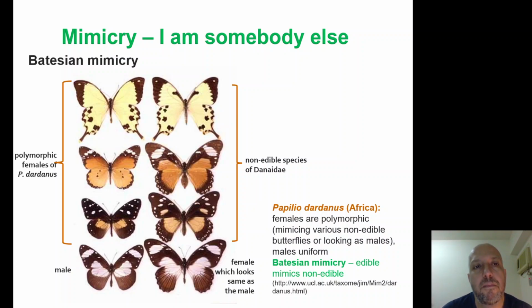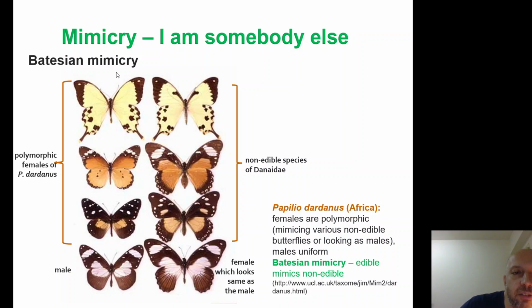Then these mimicry things can be combined. So there are these textbook examples of so-called Batesian mimicry, named after Bates, who was the person who discovered them. And that actually means that some species which is not toxic, it's easy to eat, it's very tasty, mimics the toxic one, right? So here you have the famous example of one species of Papilio. This is the African species of butterfly called Papilio dardanus, and the females of it can look very different in different parts of Africa.